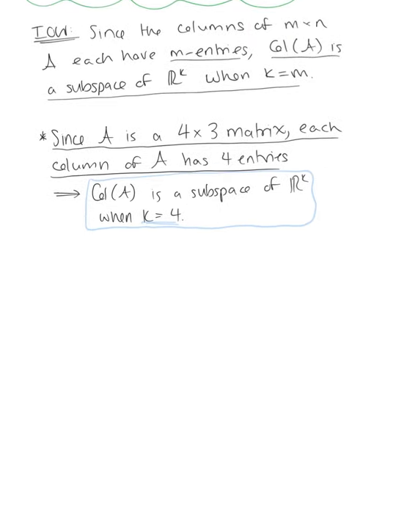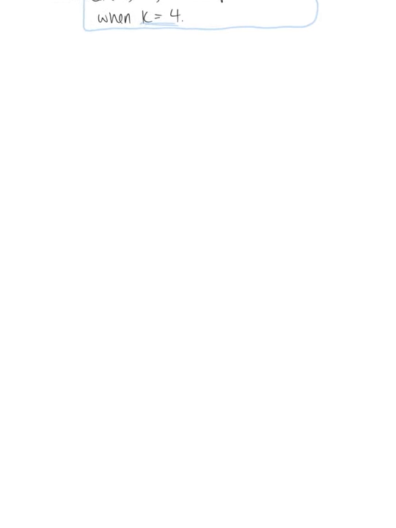And last but not least, we have part C. In part C, we are asked, if the null space of matrix A is a subspace of Rk, what is K?